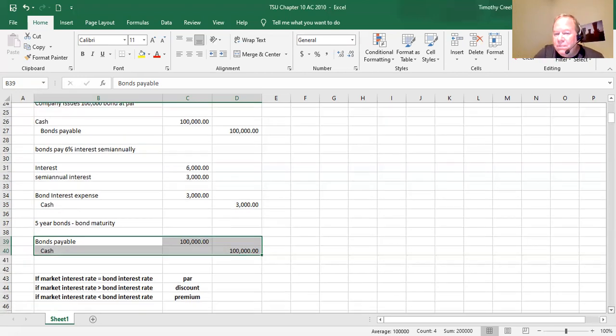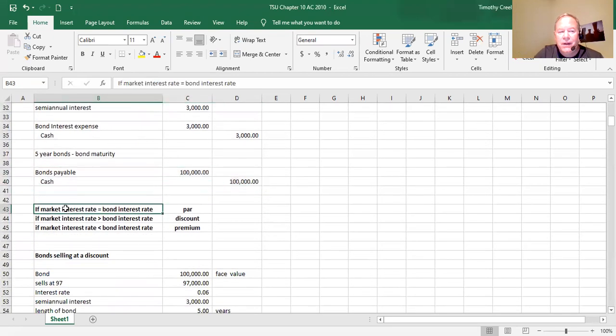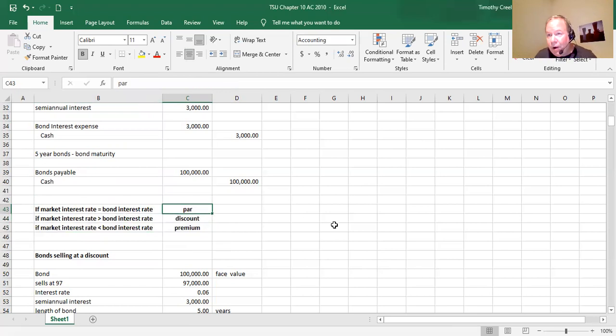Now, one important thing I wanted to say here before we get into discounts and premiums, which are the next two we're going to cover, is that there's a summary here. I bolded these because these are important to realize and important to know. If the market rate of interest is equal to the bond interest rate, then the bonds are going to sell at par.